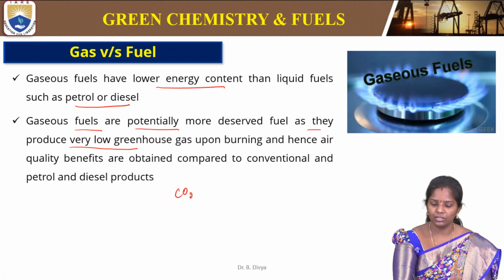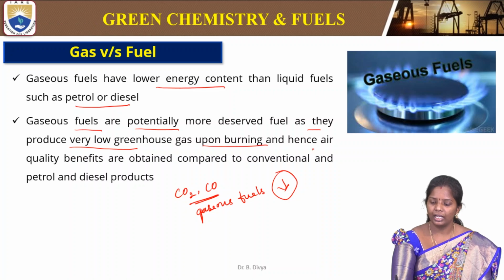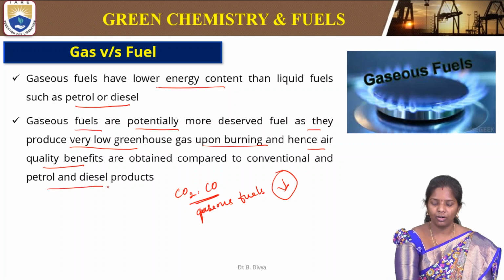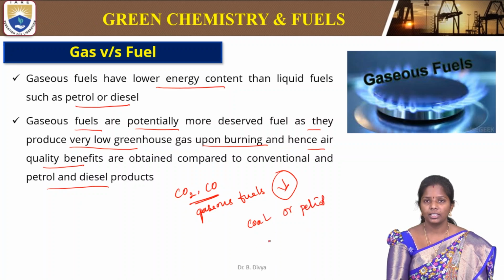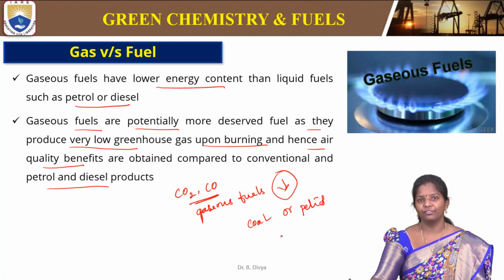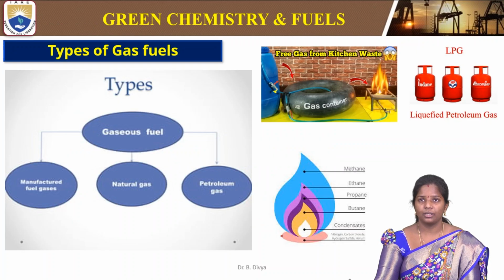For example, the carbon dioxide or carbon monoxide produced from gaseous fuels upon burning are low, and hence air quality benefits are obtained compared to conventional petrol and diesel products. When compared to coal or petrol, the greenhouse gases produced from gaseous fuels are lower in content. Therefore, it maintains the air quality when compared to other types of fuels.